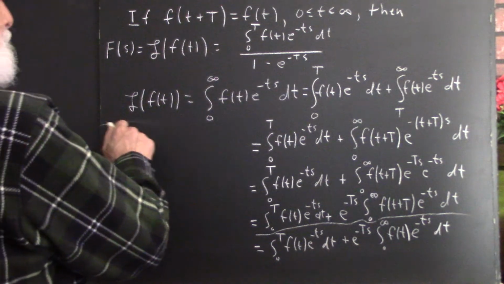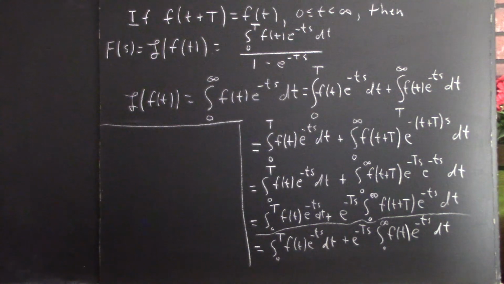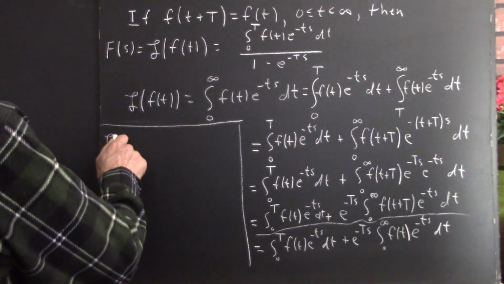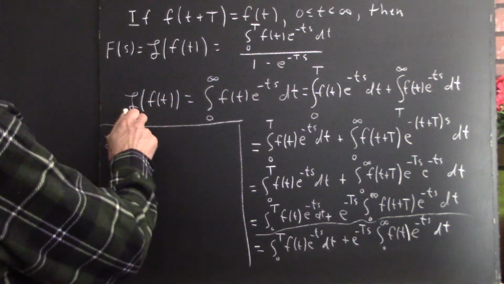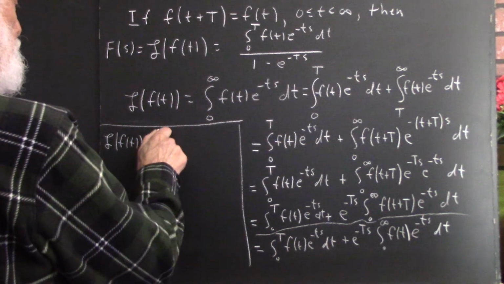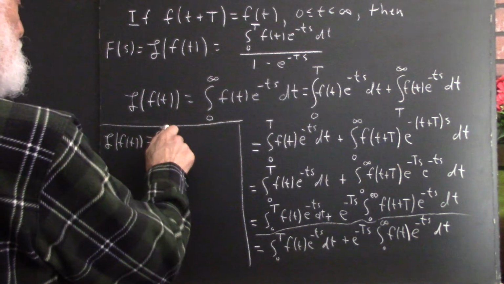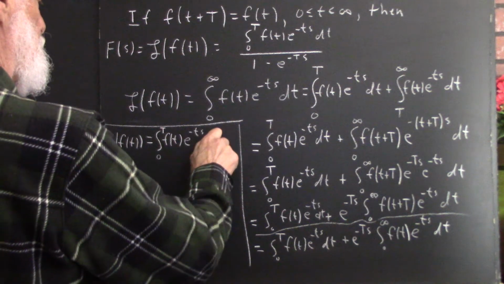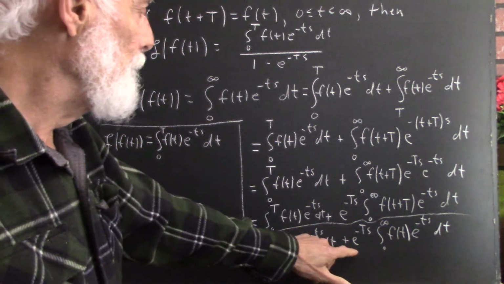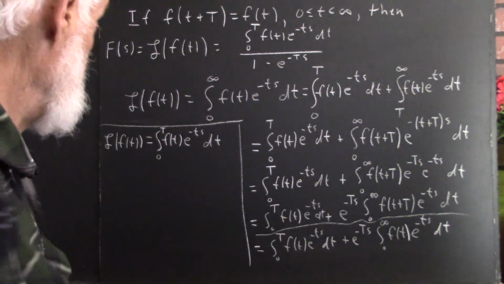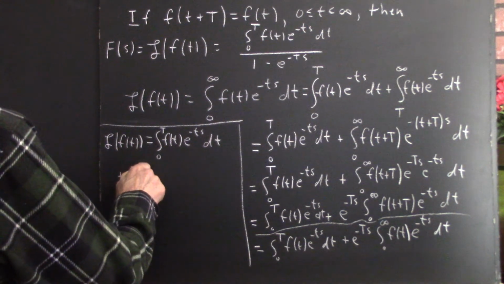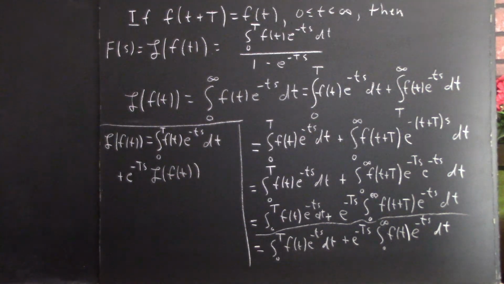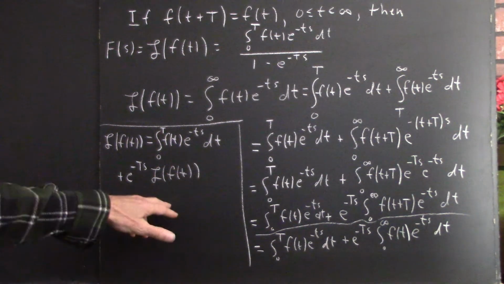So we conclude that the Laplace transform of f of t, which is what we started with here, is the integral from 0 to capital T of little f of t here plus e to the negative capital Ts times the Laplace transform. Well, now we can rewrite this.